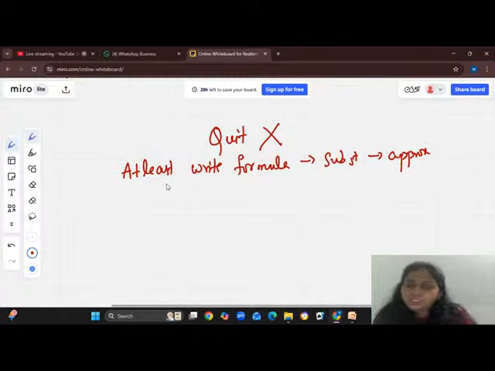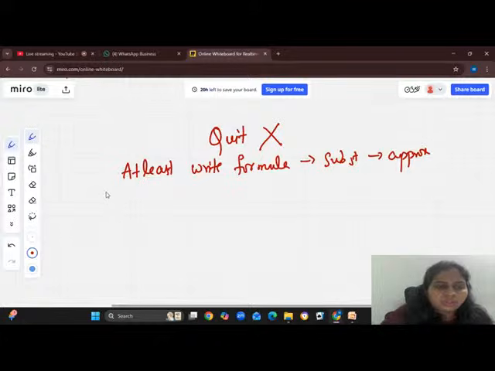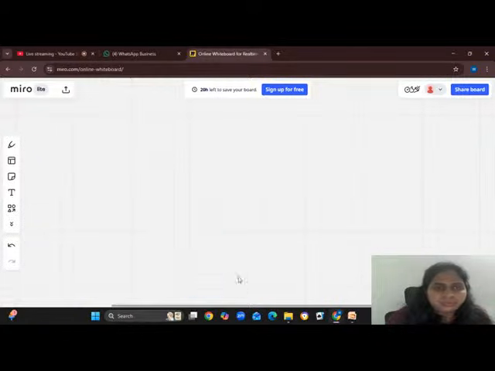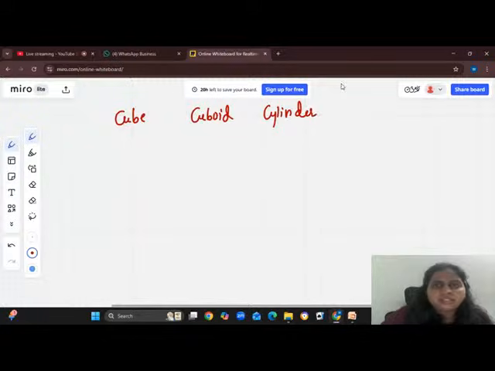It's all about the cuboid, cube. Let me quickly do the revision because of the lack of time. We have cube, cuboid, cylinder, cone, sphere, and also hemisphere.